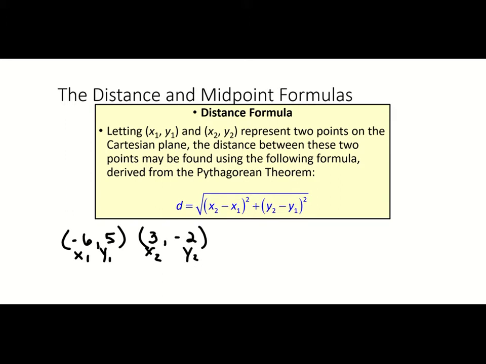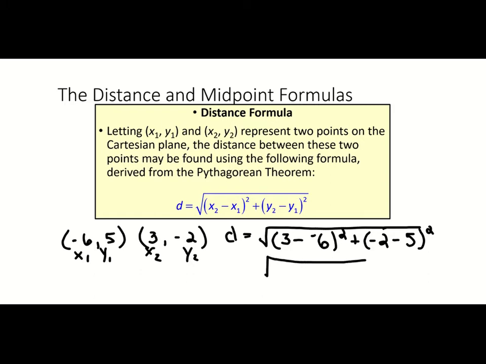Okay, so if I put it into my distance formula, it would be 3 minus negative 6 squared plus, and then my y's, negative 2 minus 5 squared.